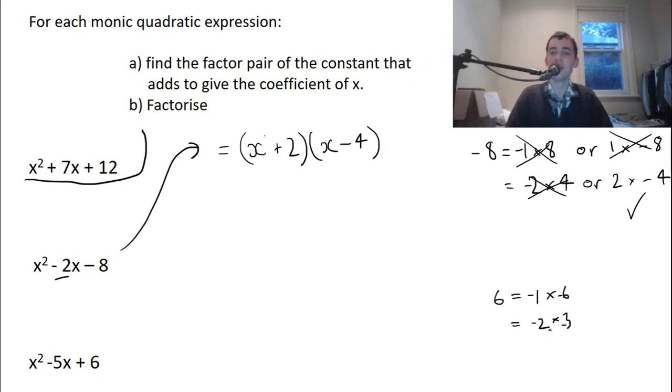Still doesn't work. -2 plus -3 is -5. So that does work. So our two numbers are -2 and -3.